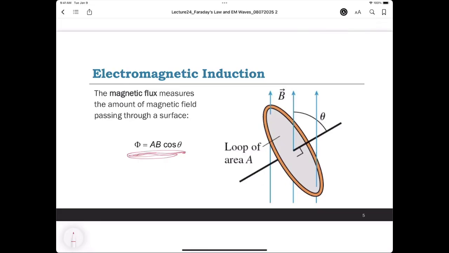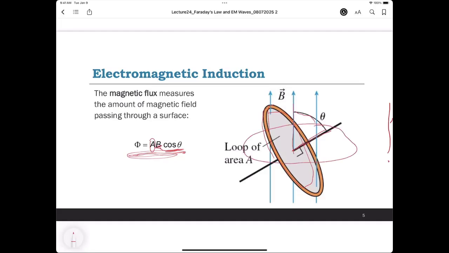And here, this is a loop, and A is the area of this loop. B is the magnetic field, and theta is the angle between the axis of the loop and the magnetic field. This is the cosine theta.